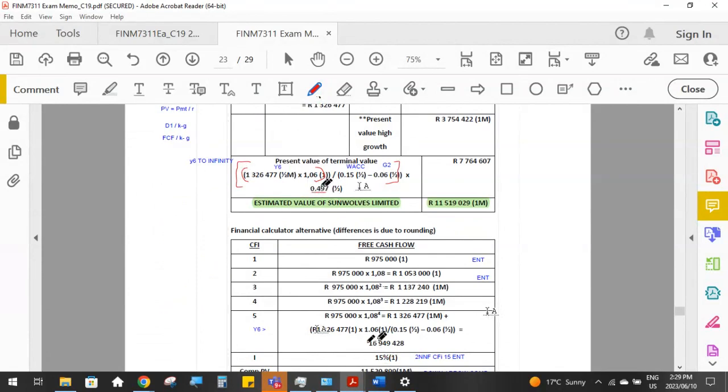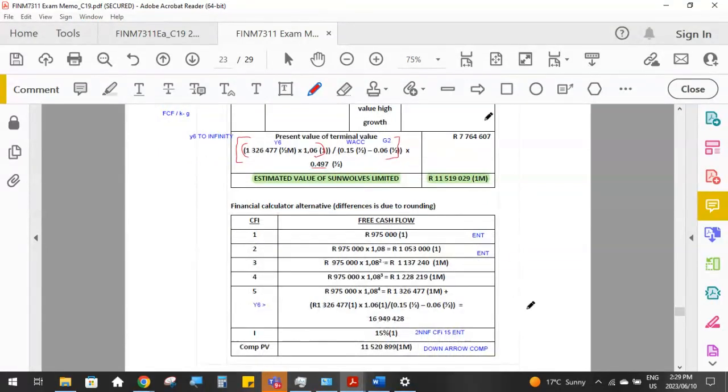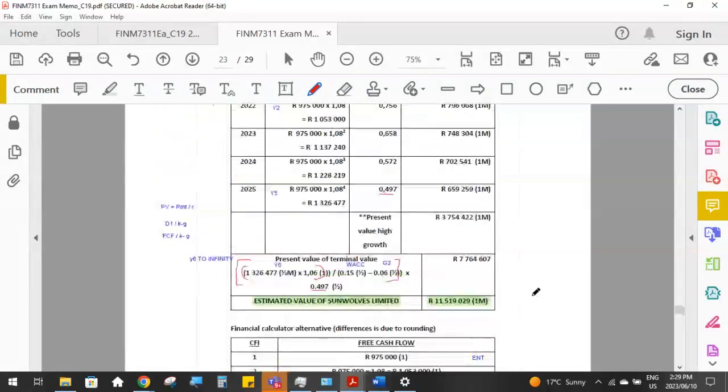So you don't multiply it by the 0.497 because that's the present value function. We just want the actual cash flow amount. So again, if you sit with these two and understand the difference, it also helps you to understand these calculations really well. Okay, so there we have calculated the value of the company.